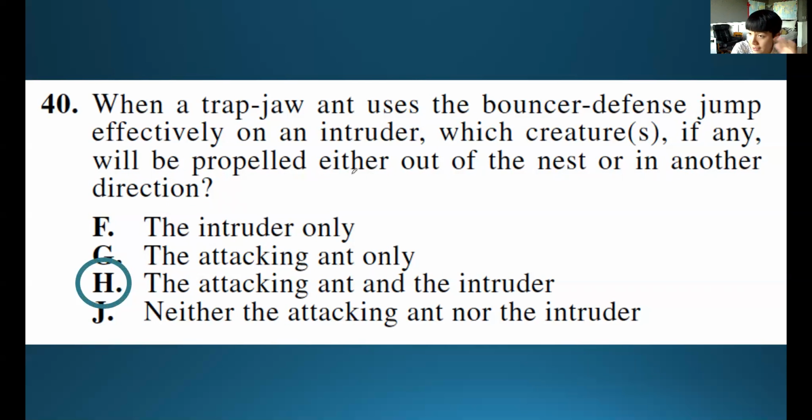Well, the attacking ant and the intruder. This question's not that hard, it's just unique. Don't freak out if you see a unique question like this. Just think your way through it, and you'll get through it. The attacking ant and the intruder are both propelled in opposite directions. Remember, it says propelled either out of the nest or in another direction. They're both propelled in an opposite direction from the direction they were moving at first.